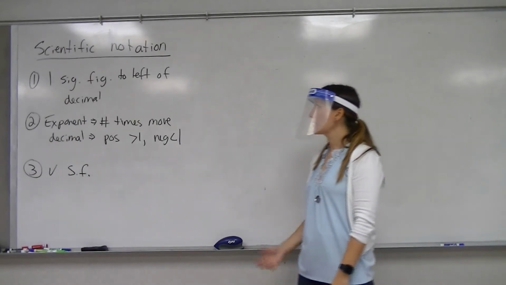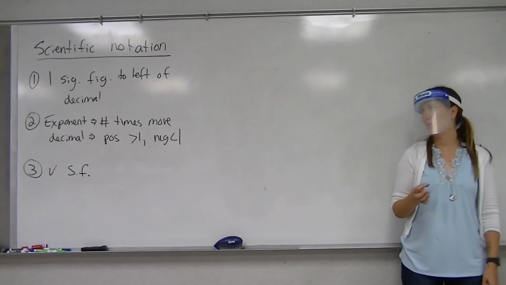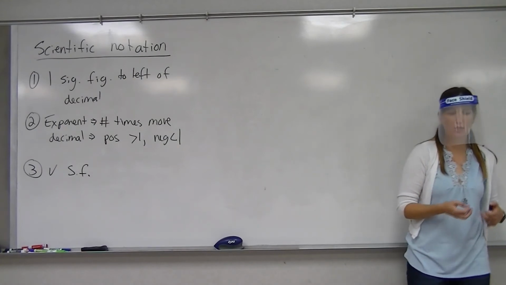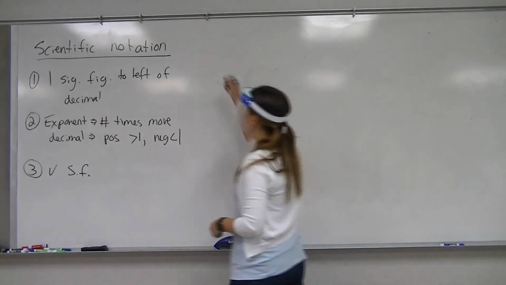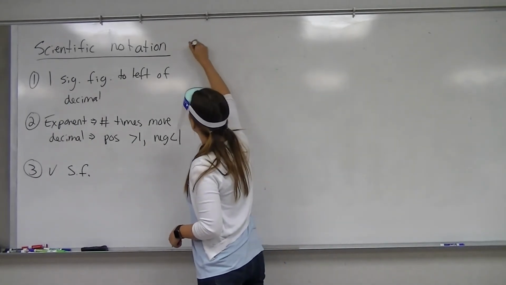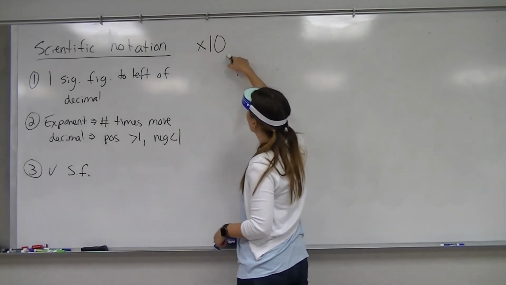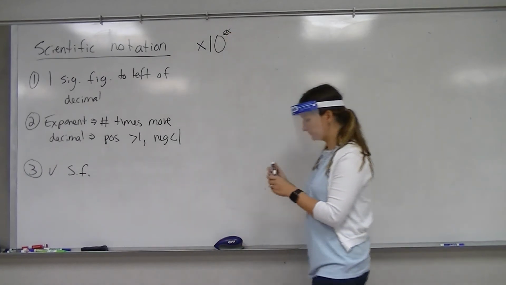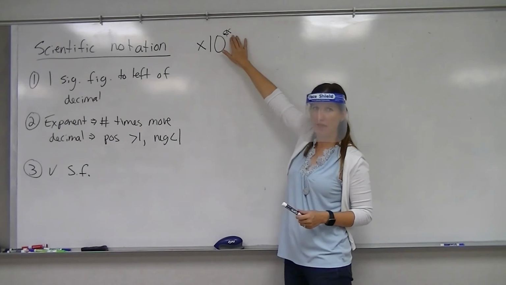So the nice thing about scientific notation is it's really helpful for really large numbers and really small numbers so that we don't have to add all those zeros and keep track of all those zeros that might not be significant. So for scientific notation, we're raising to a power. This is going to be the exponent. So it's always going to be times 10 to some sort of exponent.